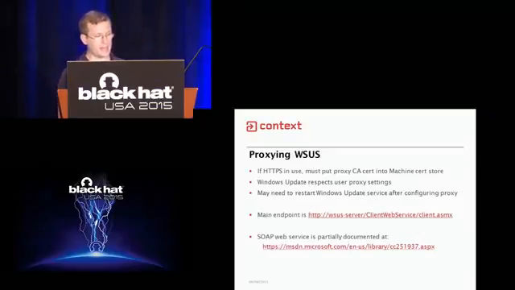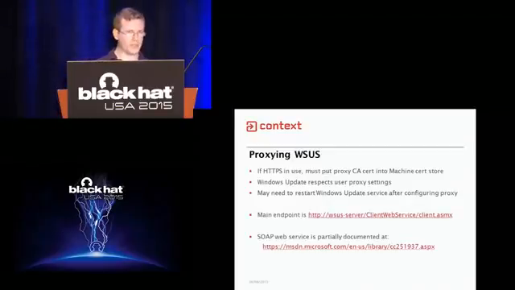And if WSUS is using HTTPS, then the CA cert from your proxy has to go in the machine certificate store. That's as opposed to normally installing your proxy cert in the user store, which is what IE uses, but for WSUS it has to be in the machine store. But honestly, it's probably just easier to do it without HTTPS and not have to worry about that.